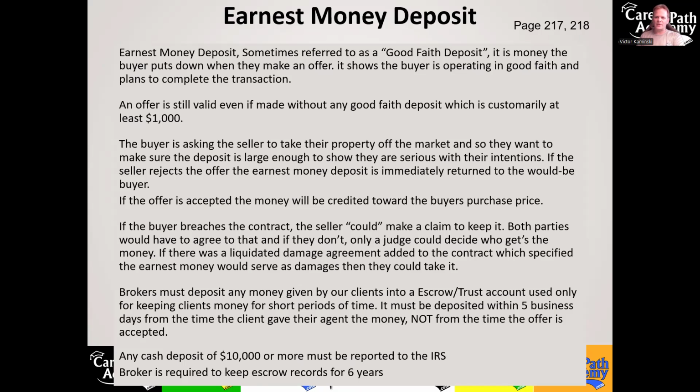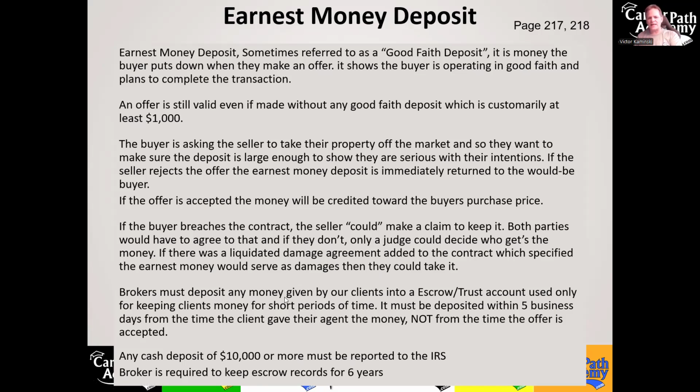Not just one of them. They both got to agree to it. If they don't both agree, only a judge could order that. So if there was a liquidated damage agreement added to a contract which specified the earnest money would serve as damages, then they could just take it.